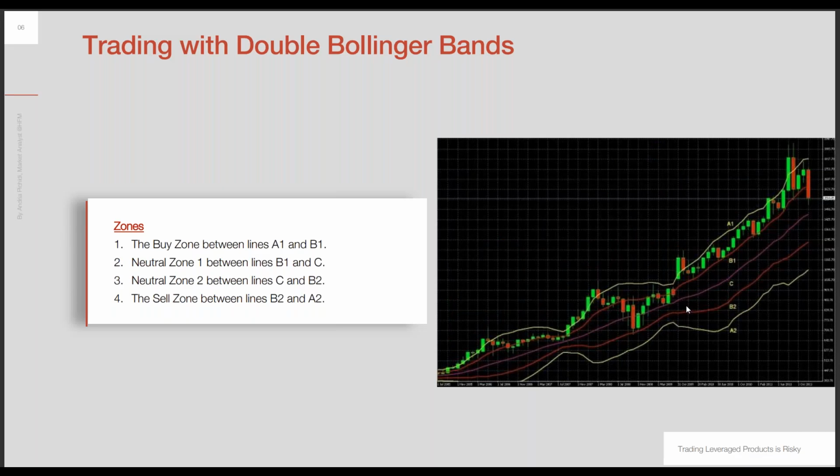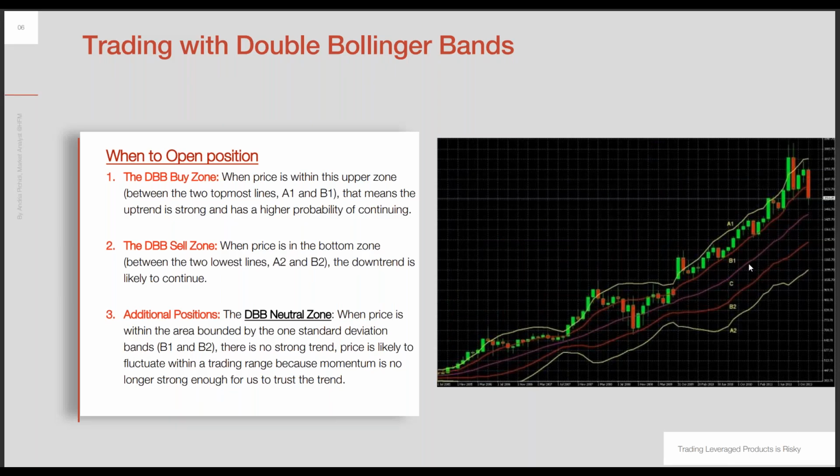So I have split the Bollingers into zones. I named the top one A1, the second one B1, B2, and A2. C is just the center line.